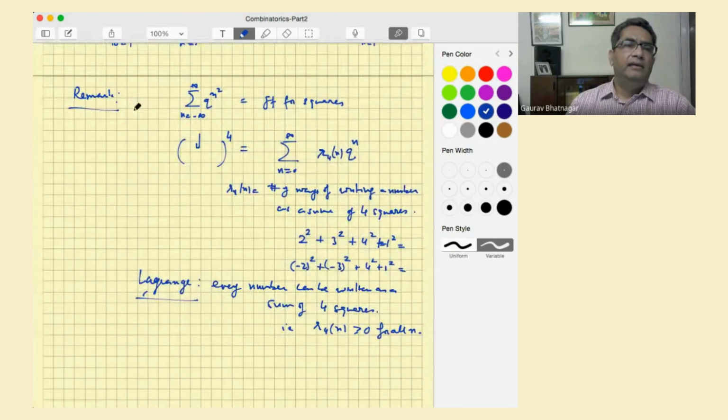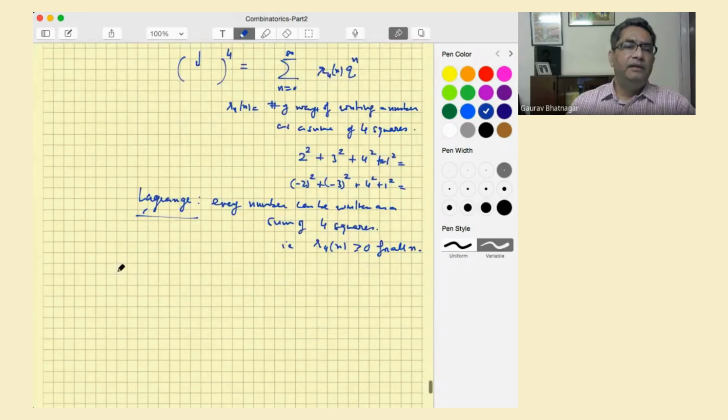And I should mention that Ramanujan considered this one, q times (1 minus q to the k) raised to the power 24, k going from 1 to infinity.